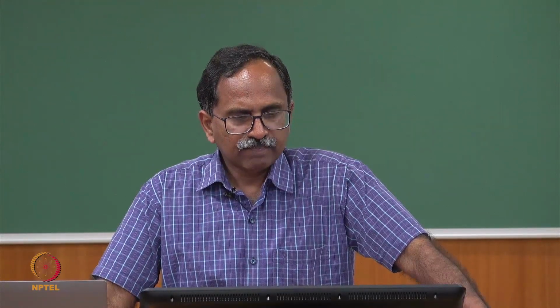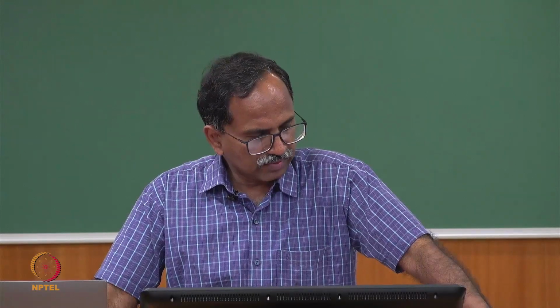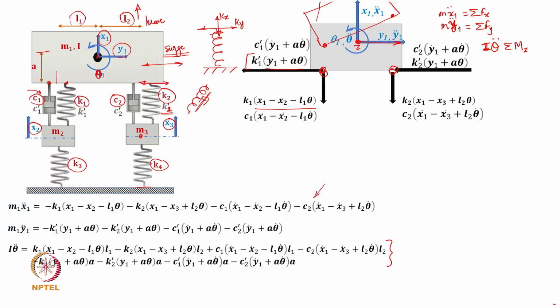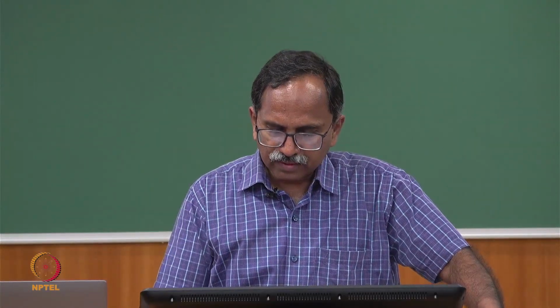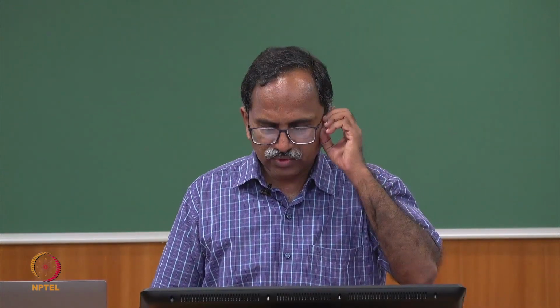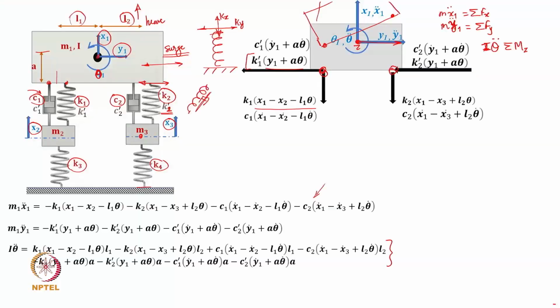Now you can use the same free body diagram to get the moments acting on the mass about its CG, and apply similarly the second law. So, moments about the z axis, if this is the z axis: I theta double dot will be equal to that, and all the moments will be accounted for, and this is how you get the third equation of motion in the pitch direction.